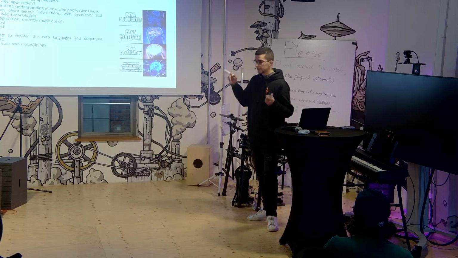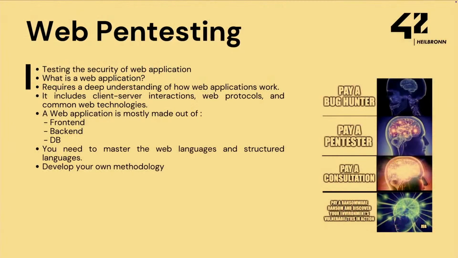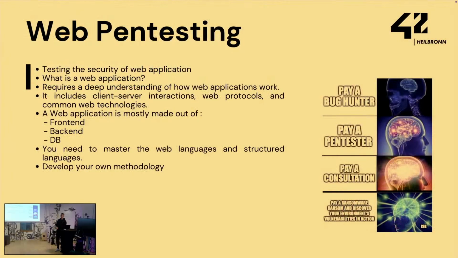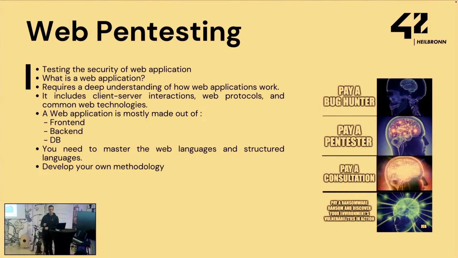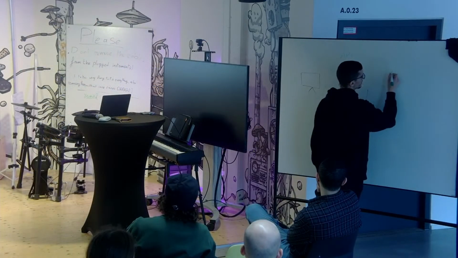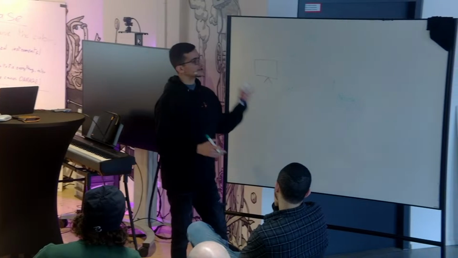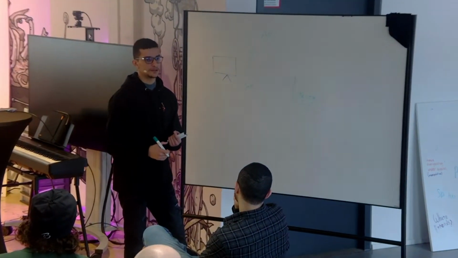So again, going back to this point, it's really important. If you want to be really good at web pen testing, you have to understand the languages, and you also have to understand their quirks. Because with some languages, if you don't know what they are doing, you're not going to understand how to attack them. I'm going to give you an example, and later on we're going to dive deeper into it. SSTI, server-side template injection, allows you to inject something into a template in the backend.